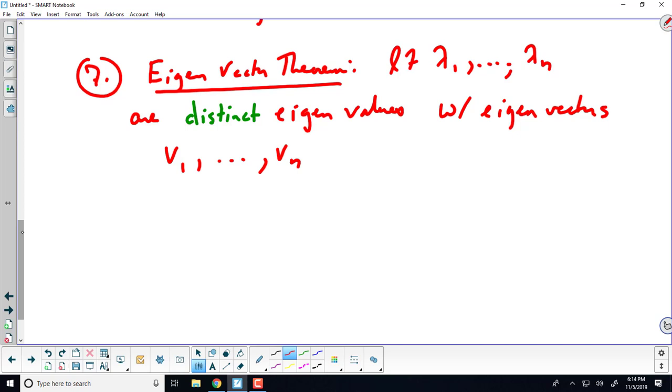So then we've got n of them. Because these are distinct, the set V1 through Vn is linearly independent.